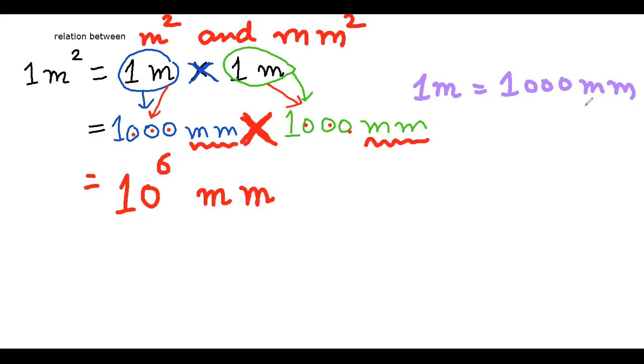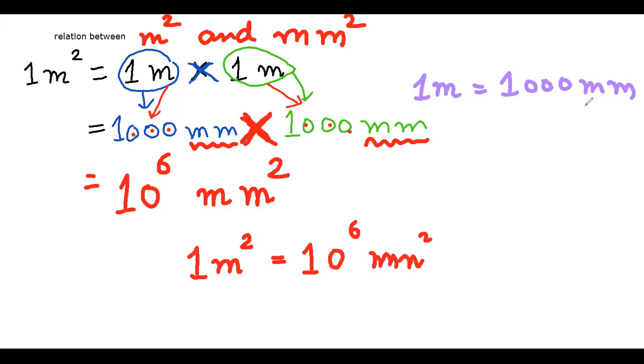It is occurring 2 times, so the power will be 2. Hence, we have derived the relation between meter square and millimeter square.